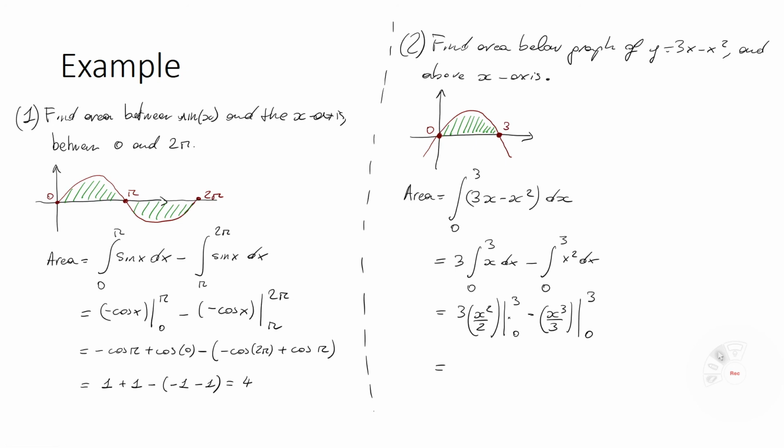If you substitute the values, we get 3 times 9 divided by 2 minus 0 divided by 2, minus 27 divided by 3 minus 0 divided by 3, and so we get 27 divided by 2 minus 27 divided by 3, and if we simplify that, we get 9 divided by 2 for the area.